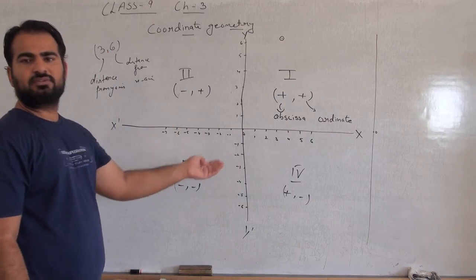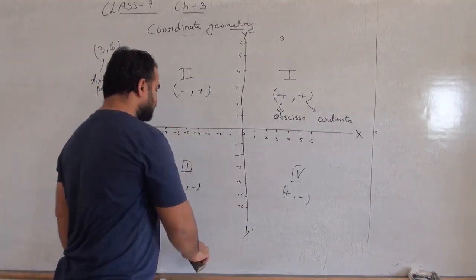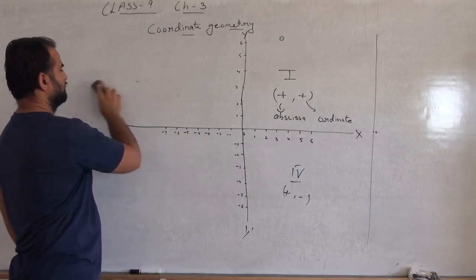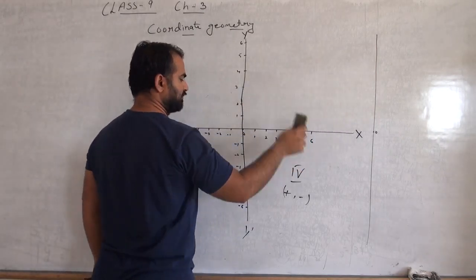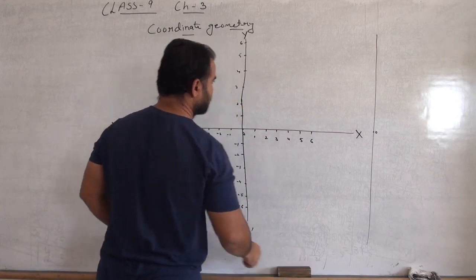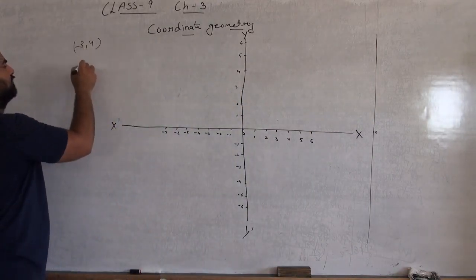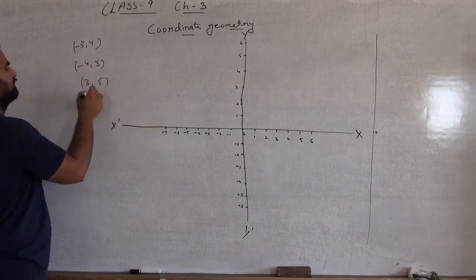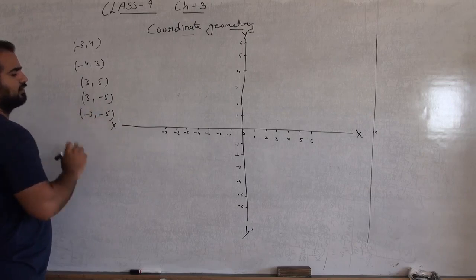These are the 4 quadrants which we have to draw. Now if we have to mark points like (-3, 4), (-4, 3), (3, 5), (3, -5), (-3, -5), we have to mark all of these.